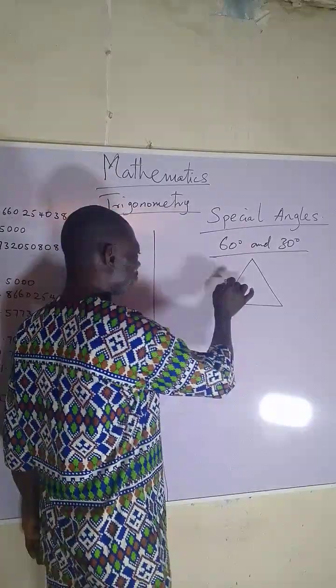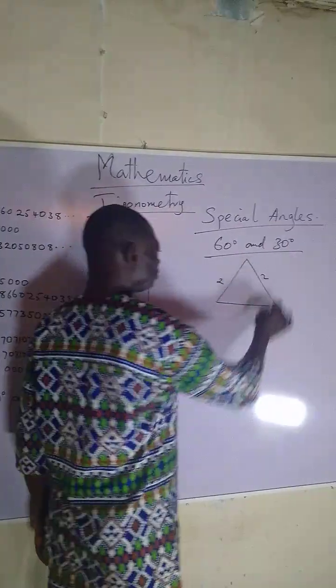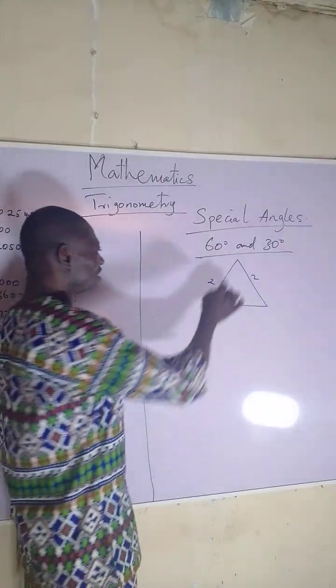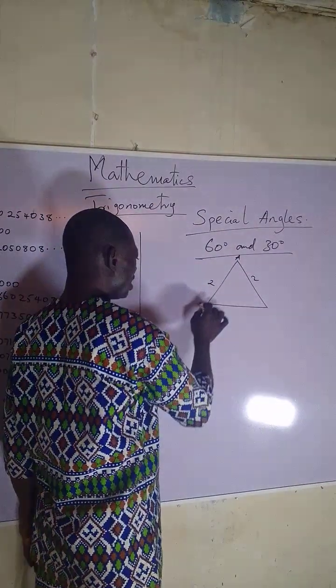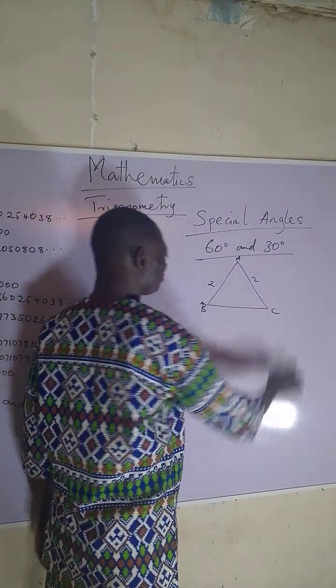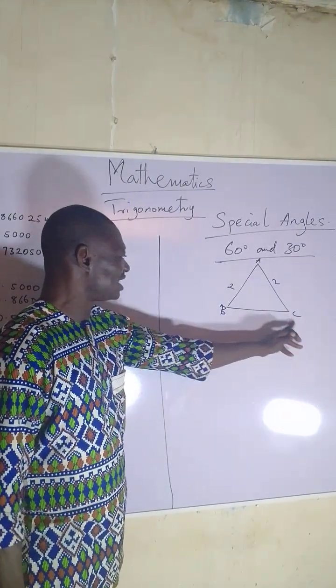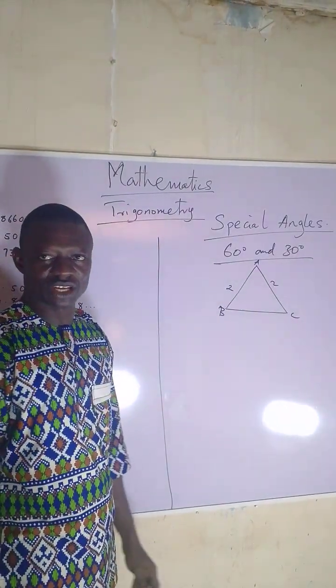And so we get it as 2. Of course, from here to here is 2. As you know, we call this triangle A, B, C. Then we have that BC is also going to be 2 units.